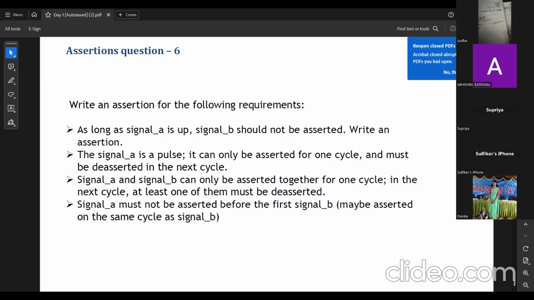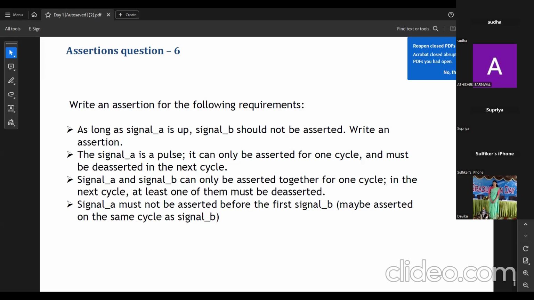So basically, let me present my screen. Now I will write a property like this. This is my property name. I am writing it related to both signal A and signal B. And then, for example, I want to check at the positive edge of clock.